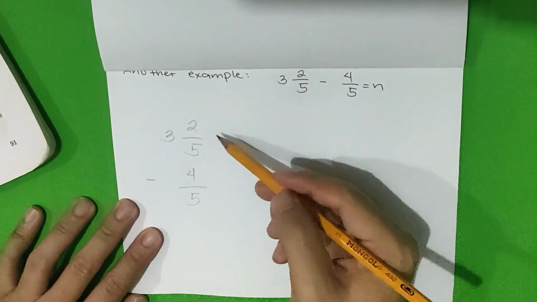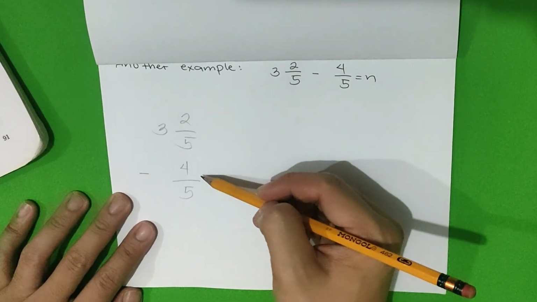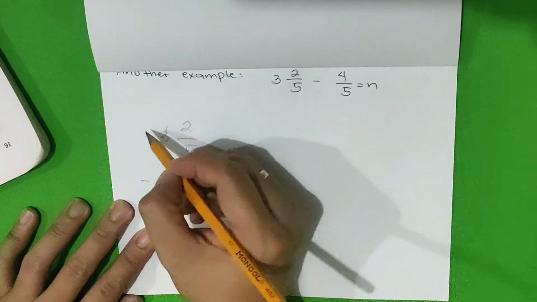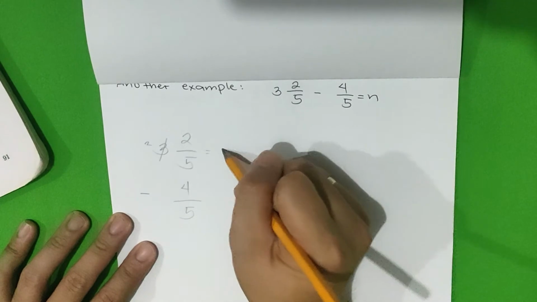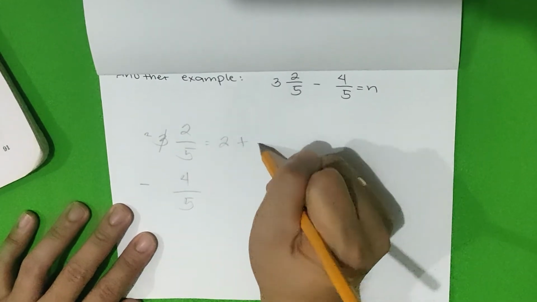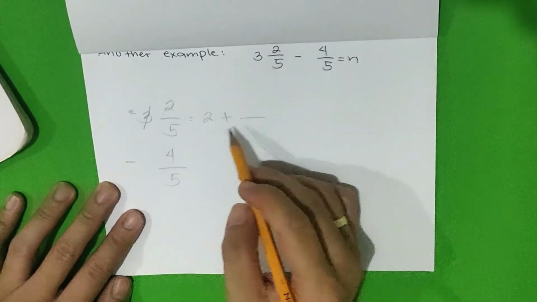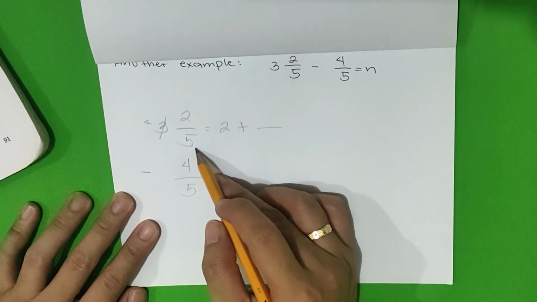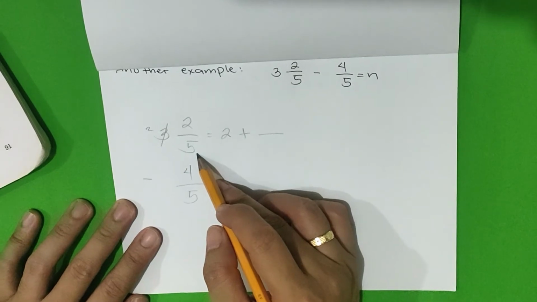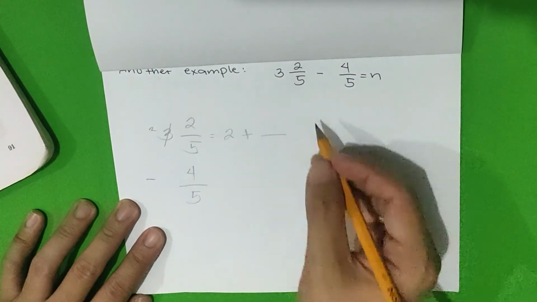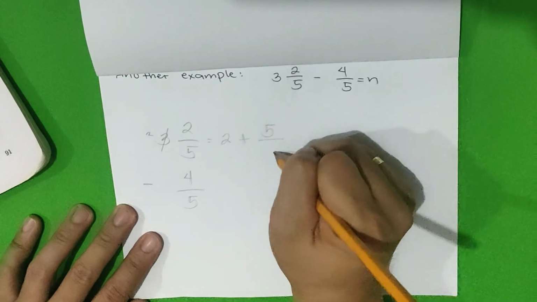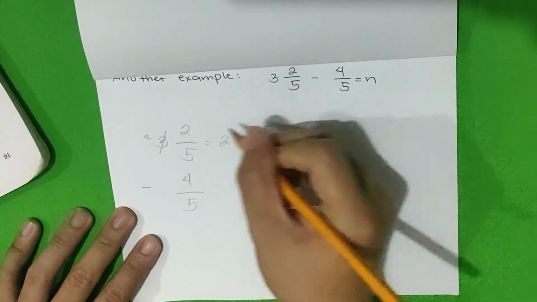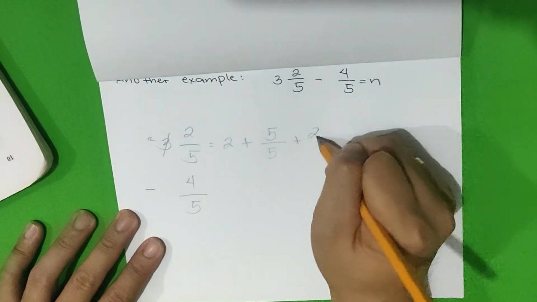So since the minuend is less than the subtrahend, let us borrow 1 from 3, and 3 now becomes 2. And then just like what we did a while ago, let's determine the denominator of the original mixed number, which is number 5. So number 5 will be used as a numerator and also as the denominator. And then let's add the proper fraction 2/5.